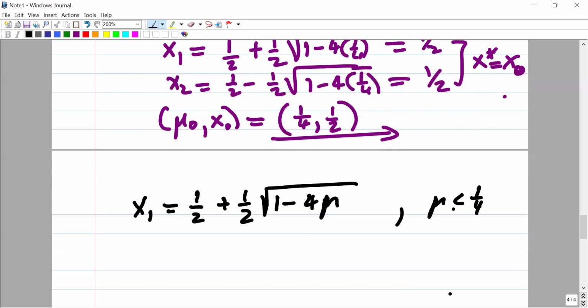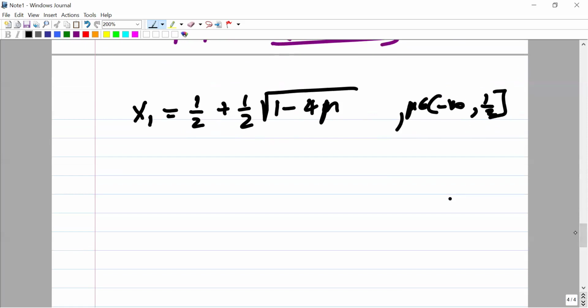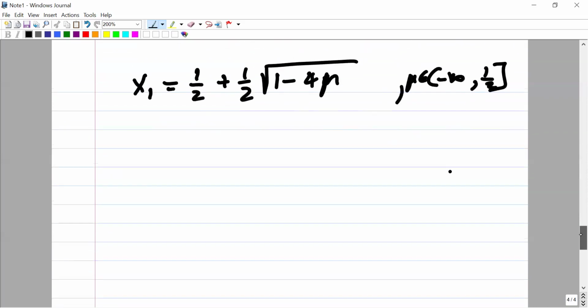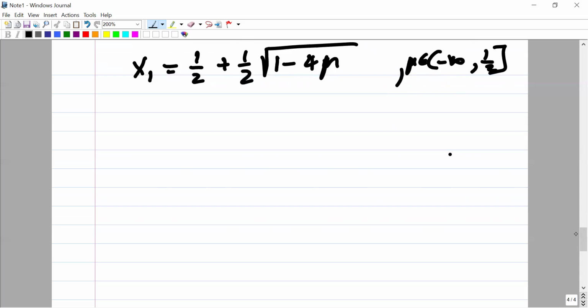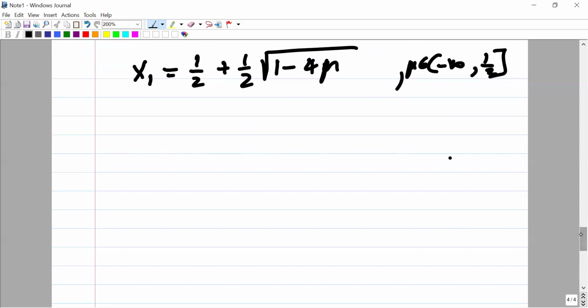Basically we are saying that we need to plot this curve, x1 and x2, in the x mu plane, where mu is the independent variable.